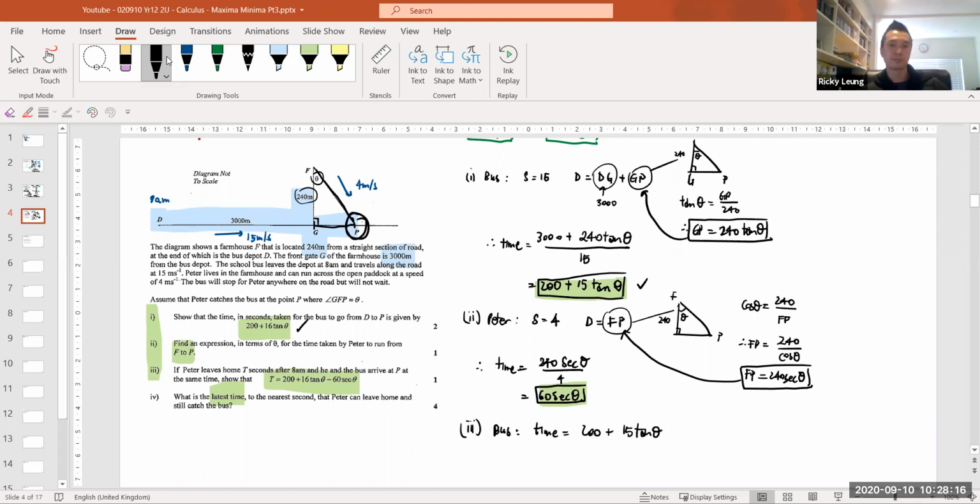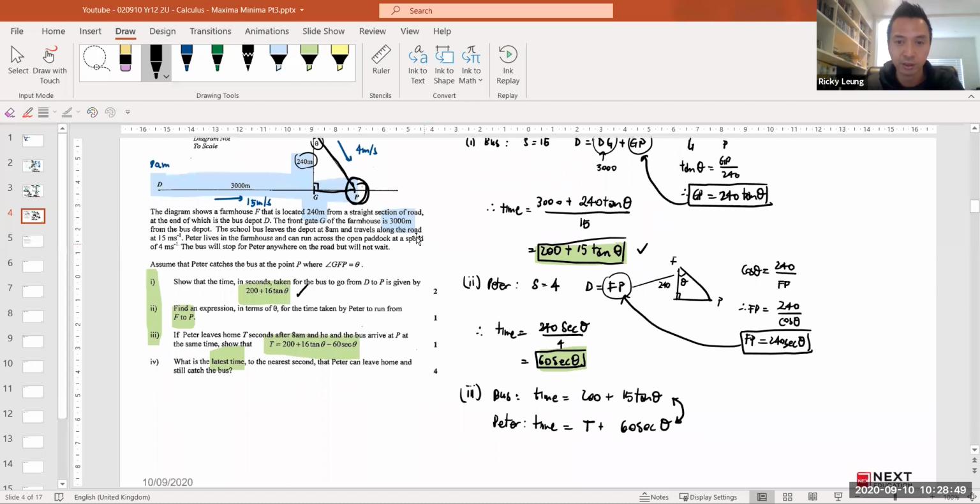I know that. And for Peter, normally he takes 60 sec theta, but he leaves capital T seconds after. So his time is not only the time it takes to cross the paddock, but T plus 60 sec theta, because he leaves after. Then all I've got to do is set these two equal.